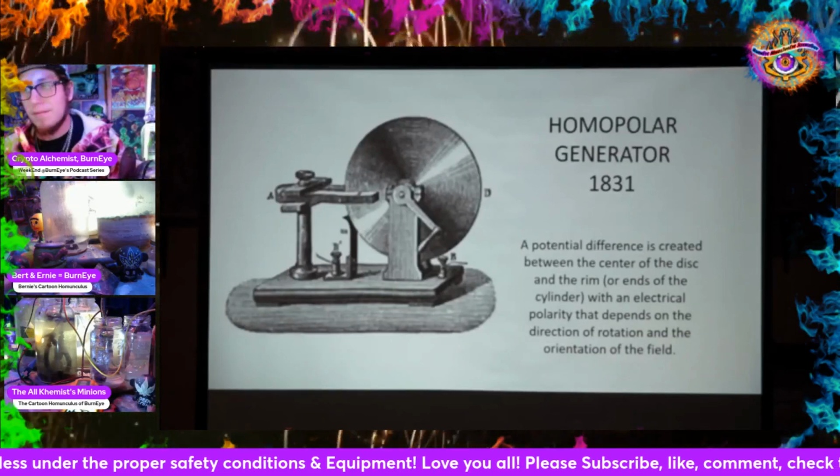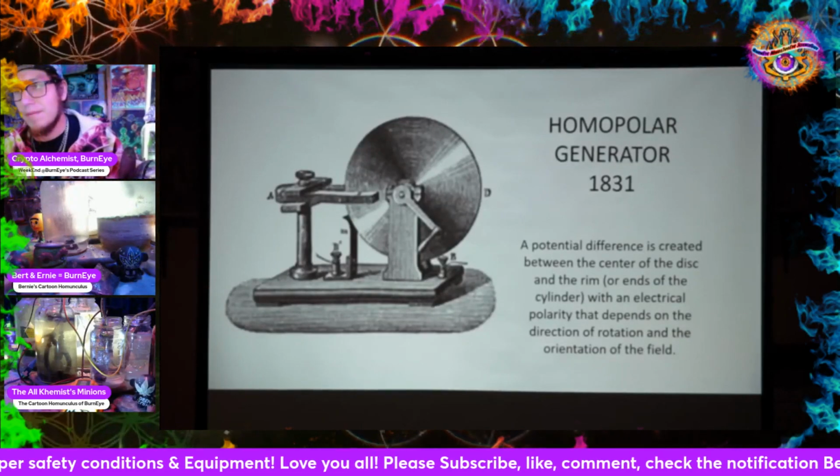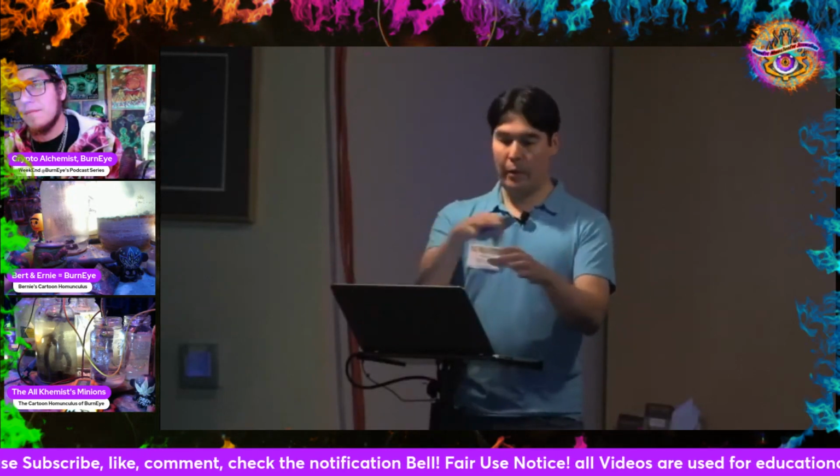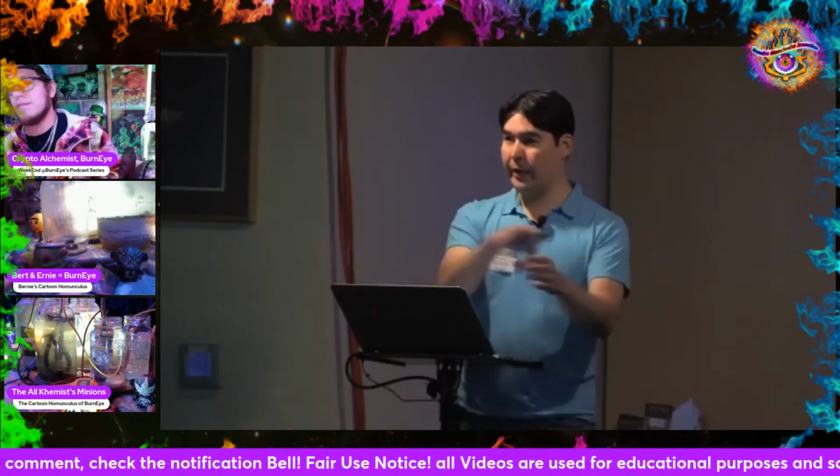But the main point is that the conductor, the copper wire for example, and the magnet always have to be moving independently of each other, in whatever frame of reference. They have to be moving like this.